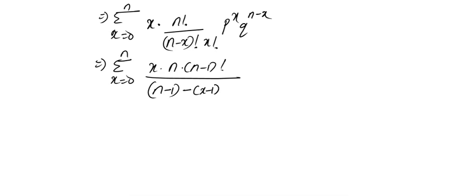Everything we are representing in terms of factorials. x factorial can be written as x into (x minus 1) factorial. Next, we can write p to the power x as p to the power 1 into p to the power x minus 1. You see, when base is same, powers are added, you get p power x back.